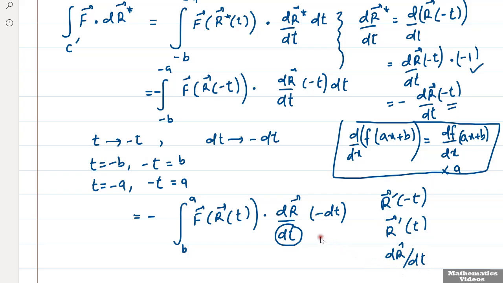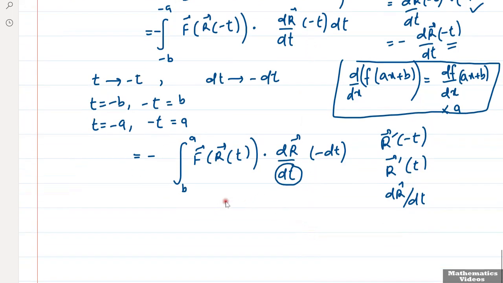Very simple. Hence dr by dt evaluated at minus t is replaced with dr by dt when we put minus t equal to t. So hopefully you have understood this important point.